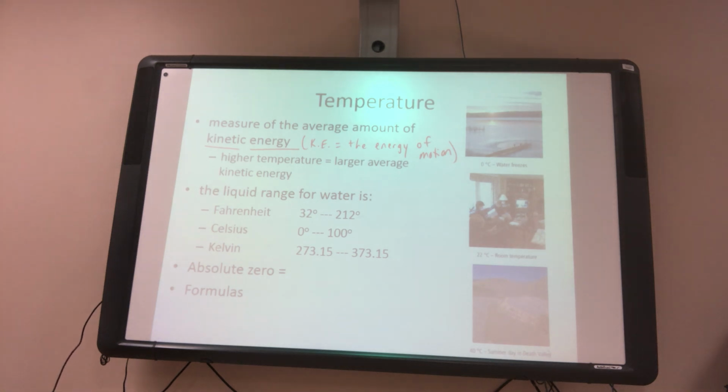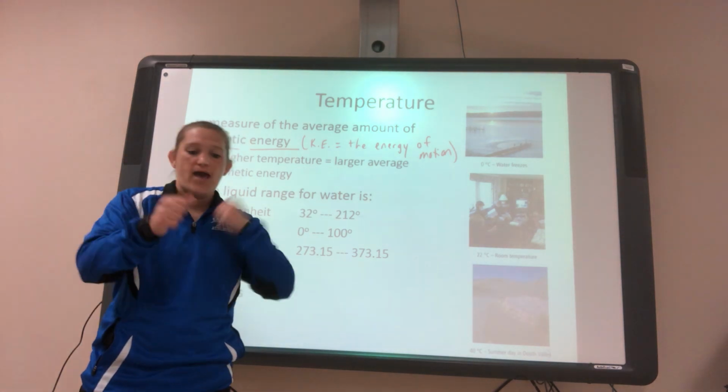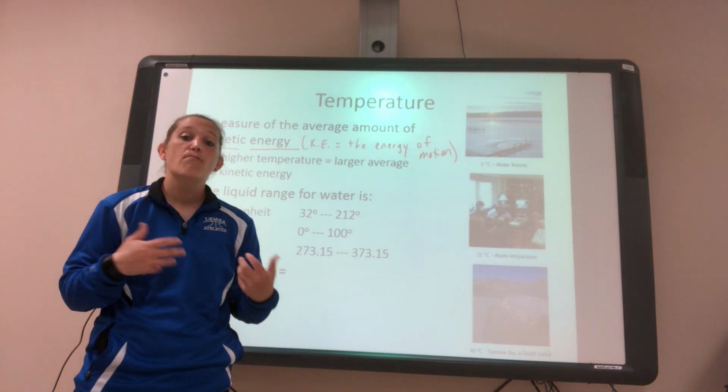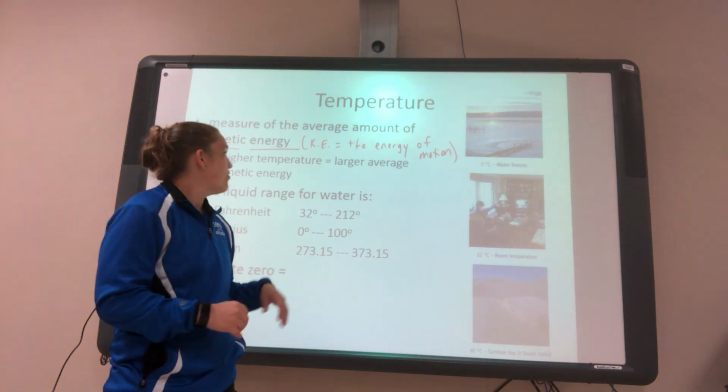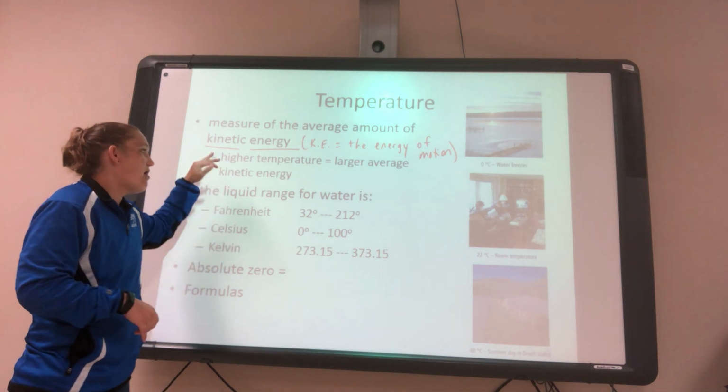If I'm taking the temperature of something, I'm looking to see how much those atoms or molecules are moving. The higher the kinetic energy, the more they're moving, the higher the temperature.